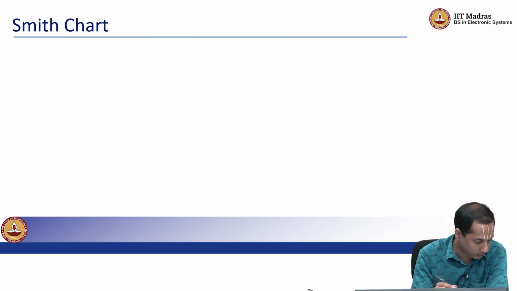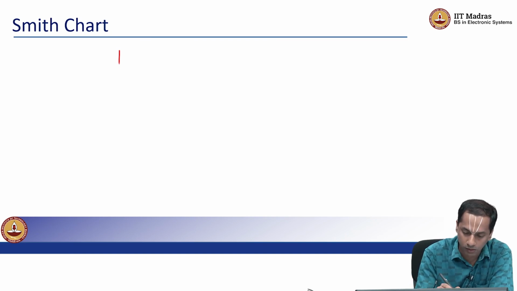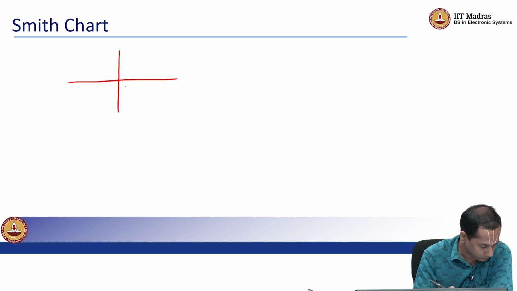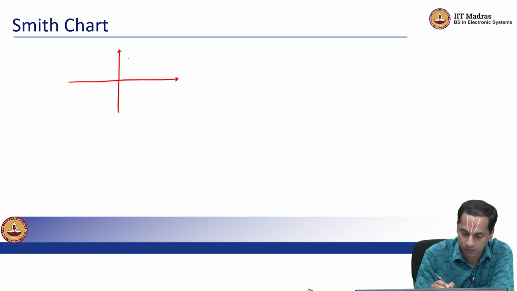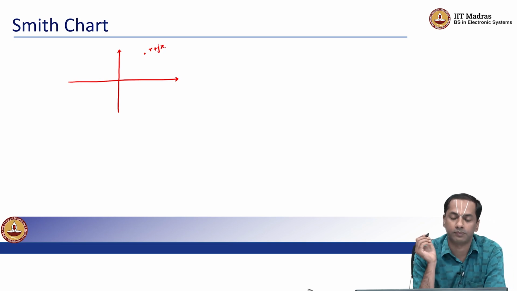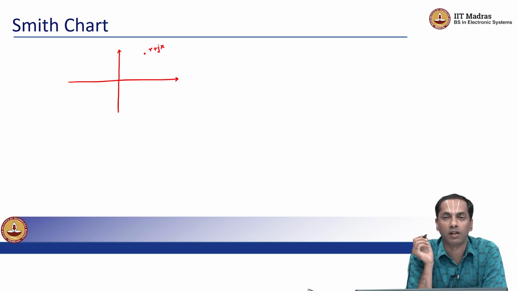So, I will quickly try to show you how the Smith chart evolves. We are looking at resistances. So let us say I have an R plus jX. Remember, this R and X are normalized to the characteristic impedance of the transmission line.